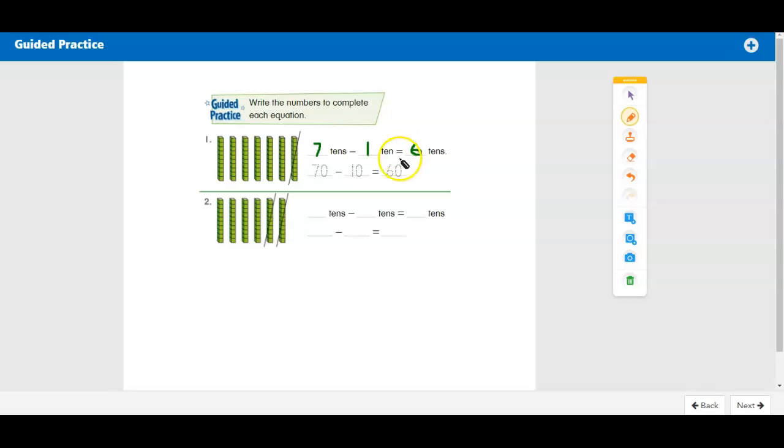Then we are going to write the total amount for what these numbers represent. 7 tens is the same as counting 10 7 times. 7 tens is the same as saying 70. 1 ten is the same as 10. And when you subtract 70 minus 10, our answer is 60.